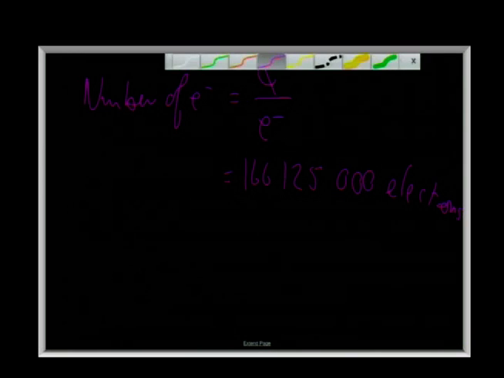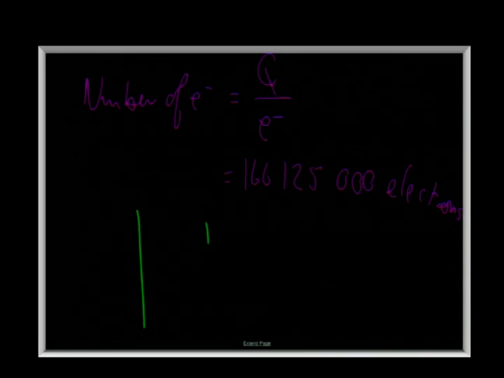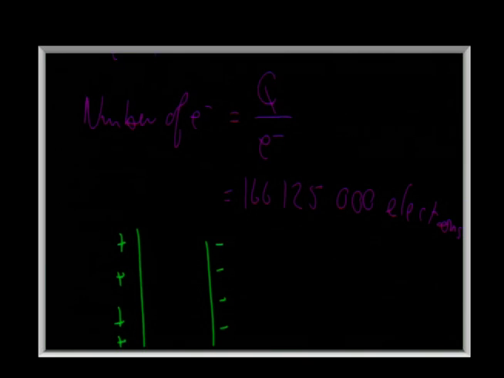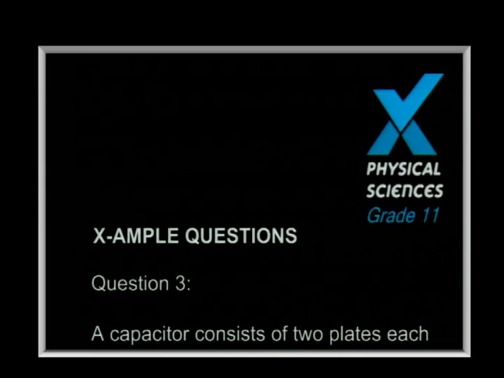We could have said, how many electrons are missing off the positive plate? These are extra. These ones, they're not enough. So the same number of electrons that are extra here are missing on there. The charge in each of the plates is exactly the same. So one is positive and the other is negative.